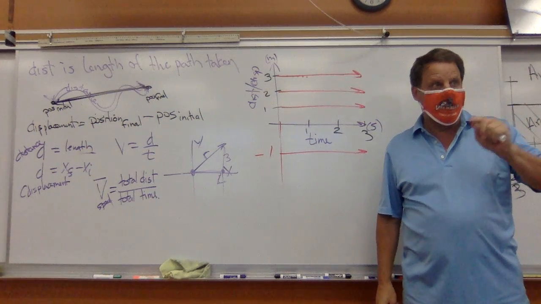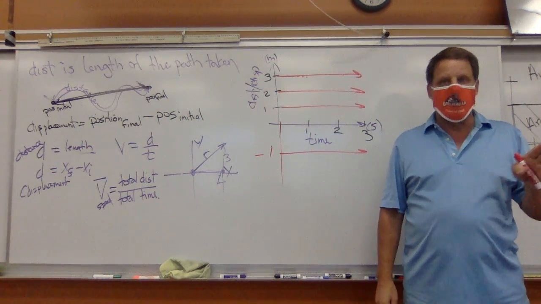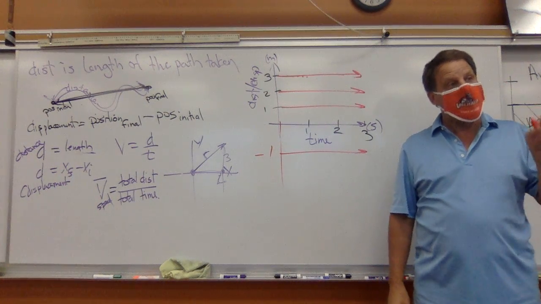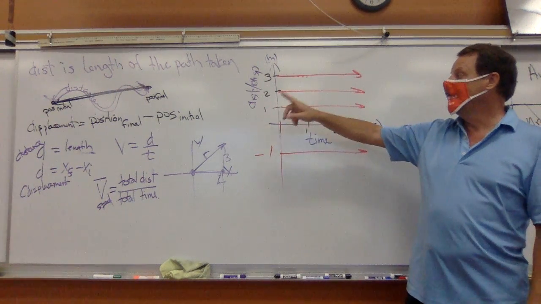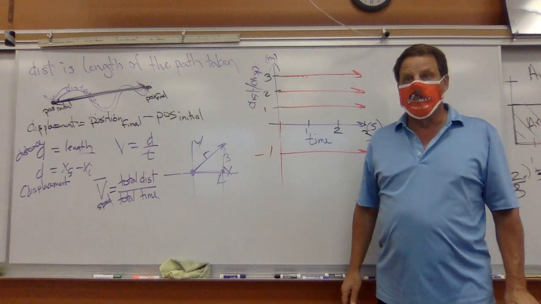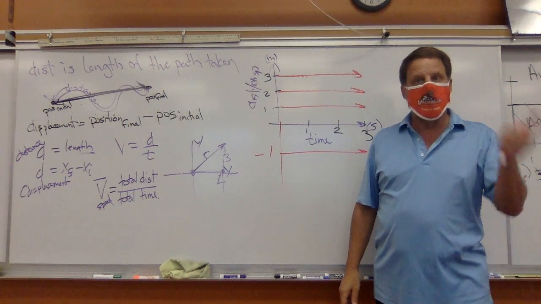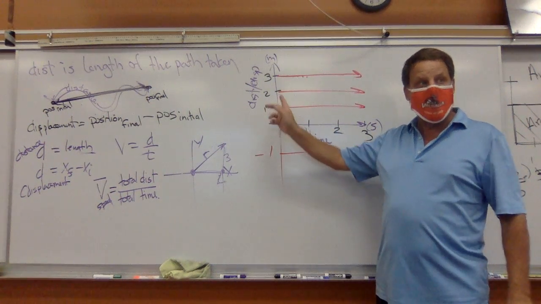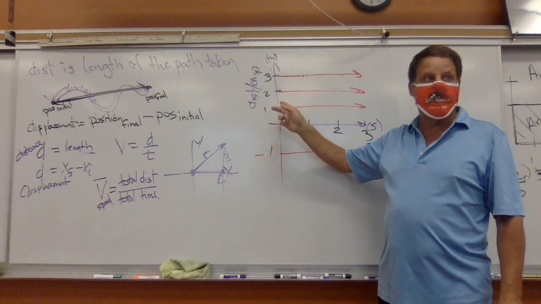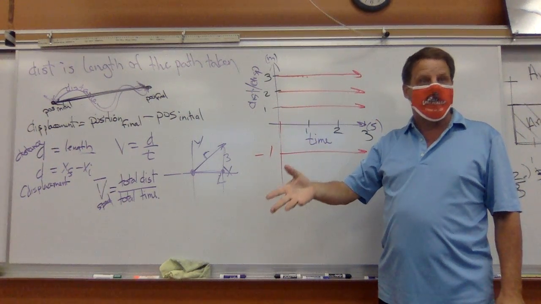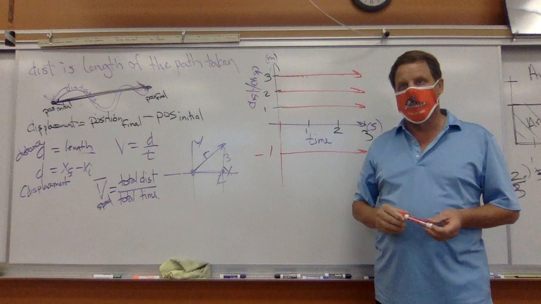So we can have a positive or negative displacement, but not a positive or negative distance, which means that we cannot have a negative speed, only a positive speed. And we can have a negative velocity as well as a positive velocity. Yes, sir.